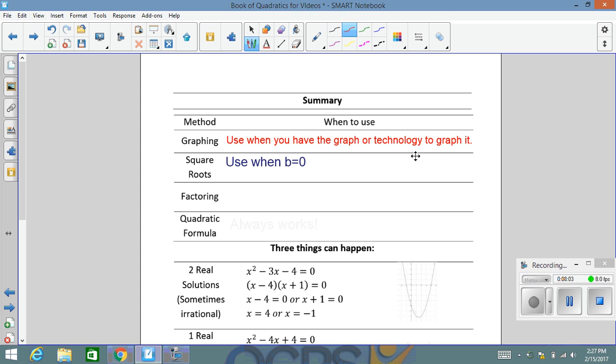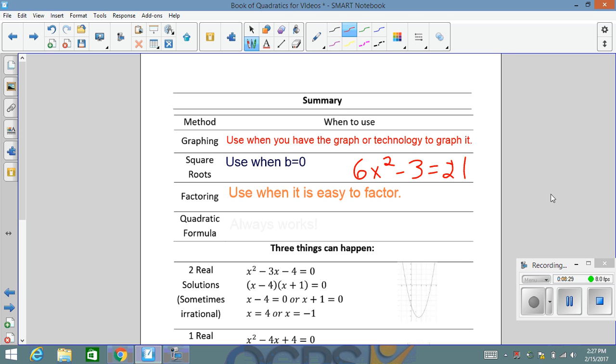The square roots are going to happen when b equals 0. This is important. So if you have something like 6x squared minus 3 equals 21, you can solve using square roots because there's no x term. So your b is 0.